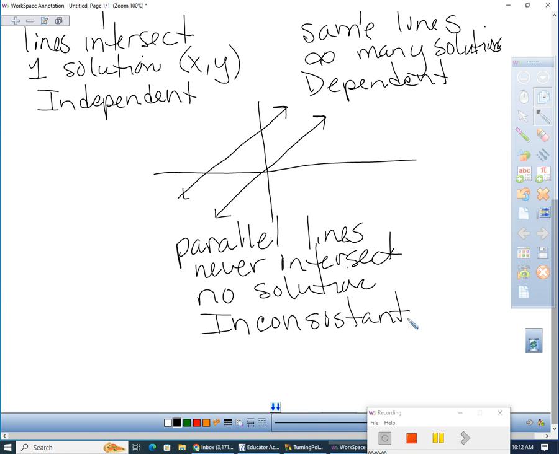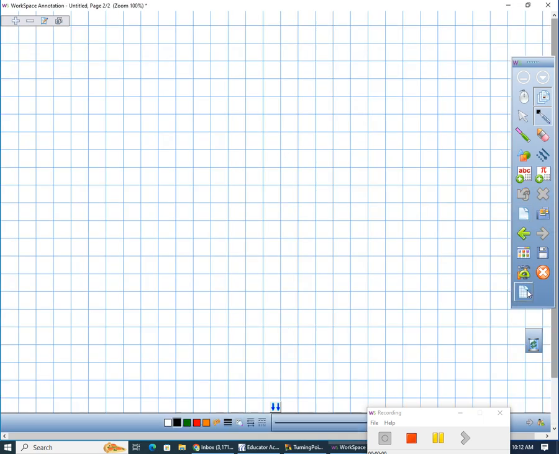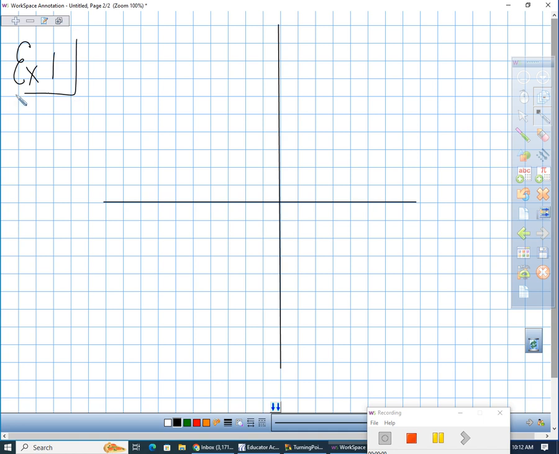Okay. So go ahead and for example number 1, I want you to put your first sticky graph in there. That's all right. All right. So, again, we said it's two or more equations that have the same solution.